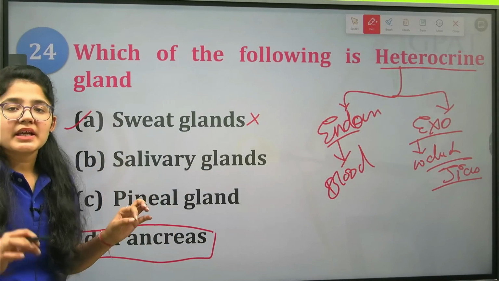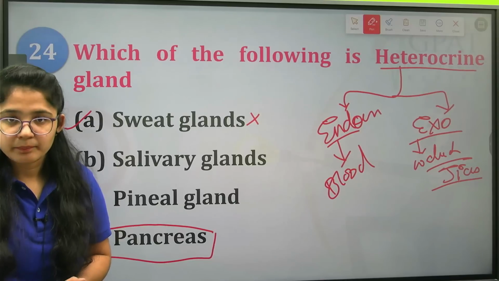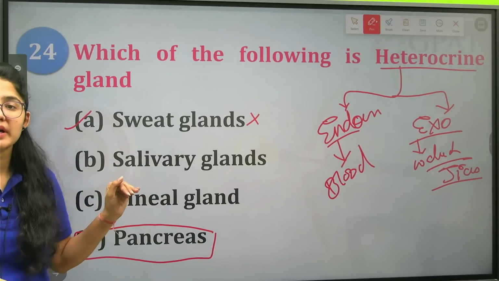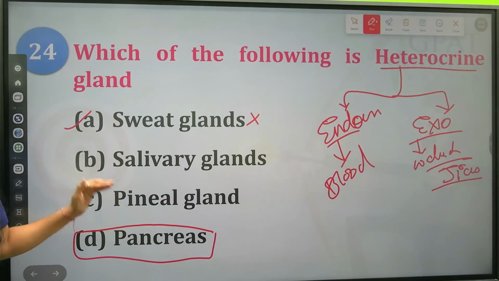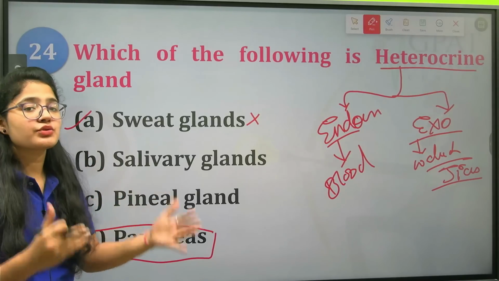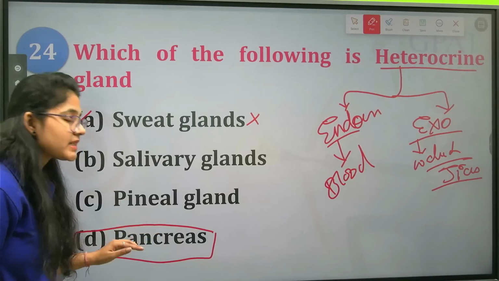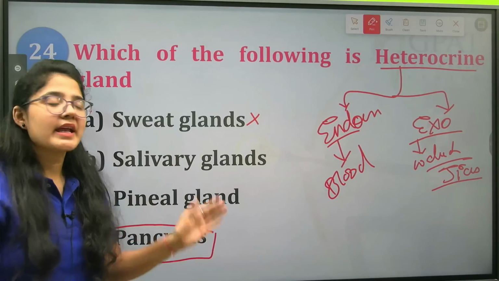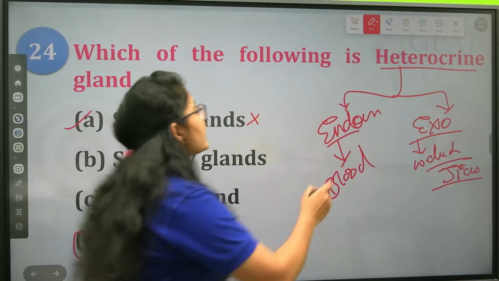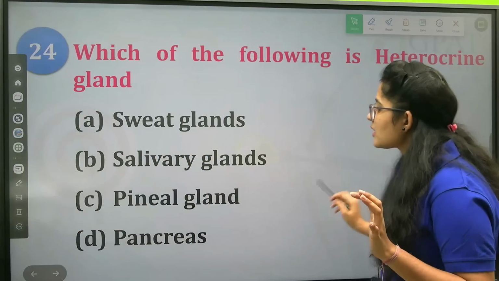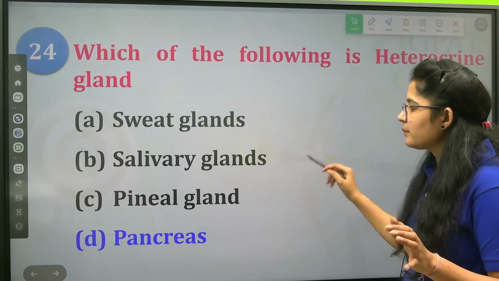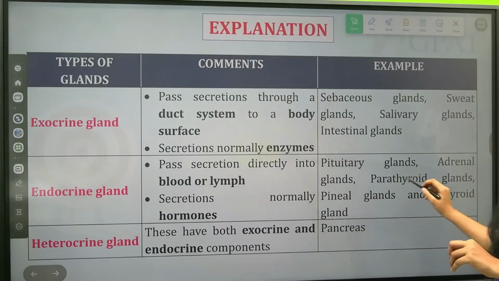The pancreas produces insulin, which is endocrine, but it also produces pancreatic juices, which is exocrine. So it has both the activity of endocrine as well as exocrine. The correct answer will be the pancreas. Clear everyone? Okay. The next question.